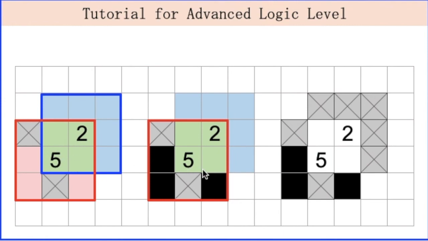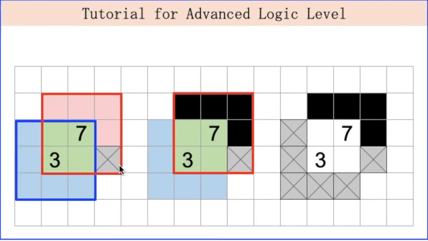So since that condition is met, what you do is fill in all the empty spaces surrounding the 5 with black spaces. We've already done so, and then you fill in all the empty spaces surrounding the 2 with gray spaces.